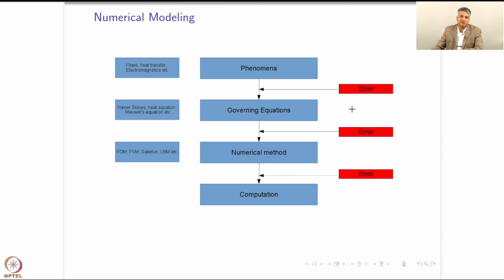Similarly, if it has 8 digits of accuracy, that's again sort of an overkill. You do not need that much information. So here is where you need to use judgment as an engineer to figure out what level of accuracy is required for what kind of problem you're trying to solve. This has direct impact on the effort in the computations, and in turn it has an effect on the cost of the computation.